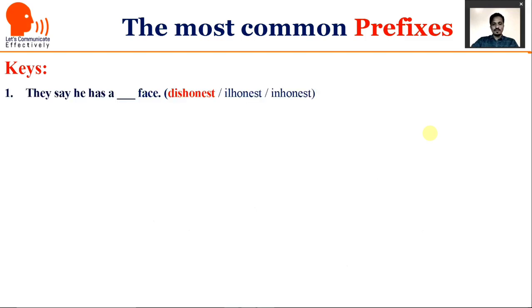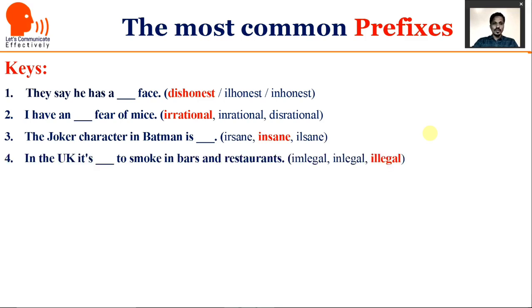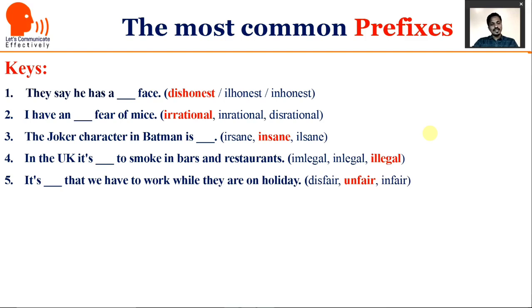Let us see now. The first is dishonest. They say he has a dishonest face. Second, I have an irrational fear of mice. The Joker character in Batman is insane. In the UK, it's illegal to smoke in bars and restaurants. It's unfair that we have to work while they are on holiday.